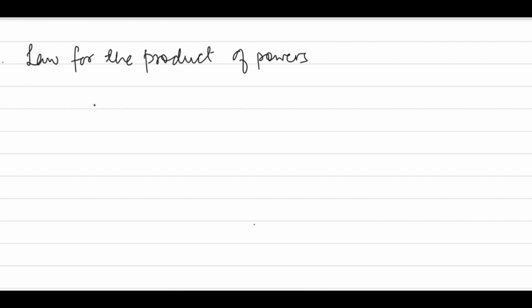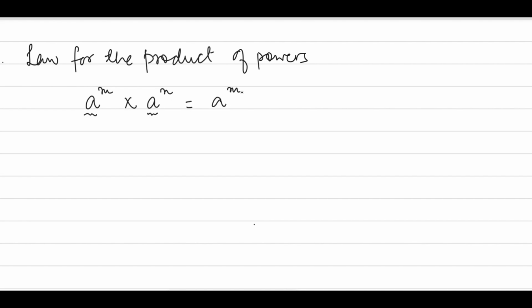That means if I have the power a exponent m and another power a exponent n, these two powers have the same base a and a, but their exponents are different, m and n. So how to simplify expressions like these?